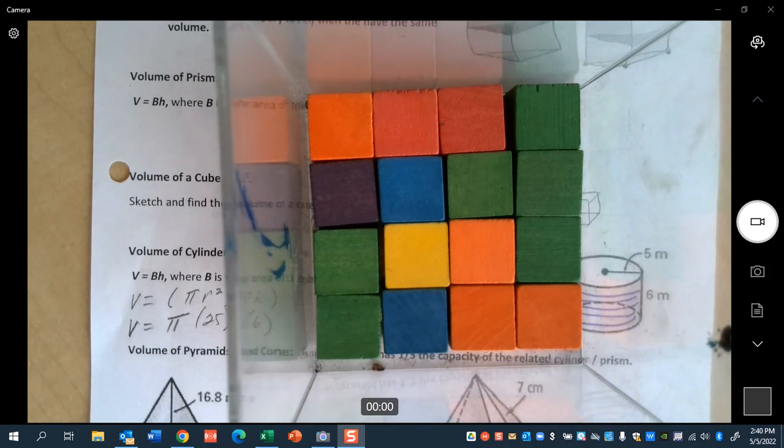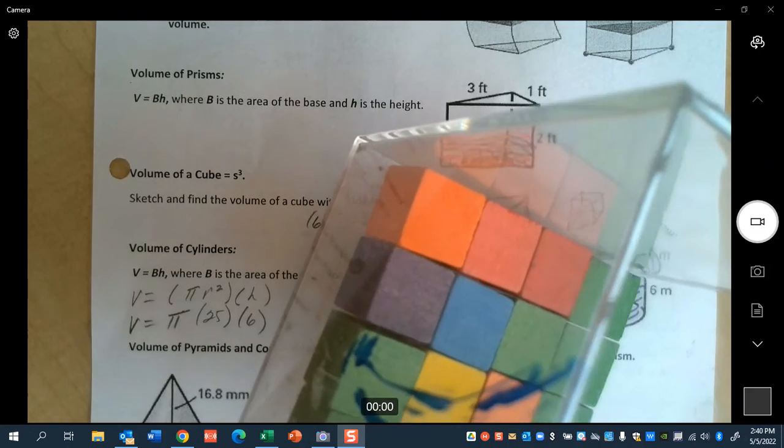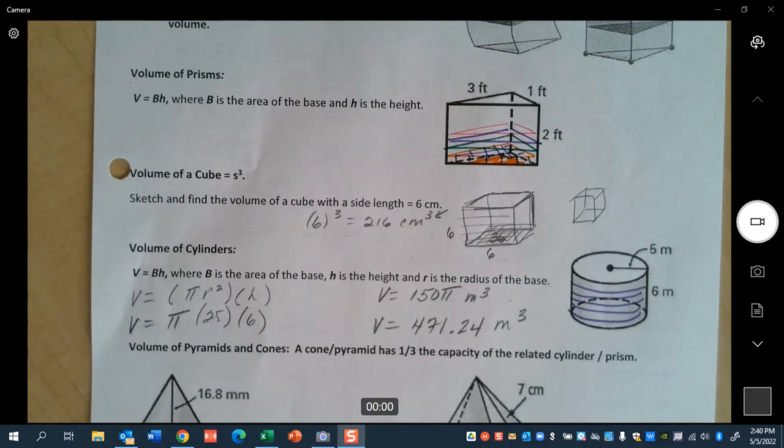So the interesting thing is when we talk about volume, now I'm talking about how many times I could repeat the stacking of that base in order to fill up my container. So notice I'm measuring in cubic units. Do you see how this base area can be repeated 1, 2, 3, 4, 5 times?